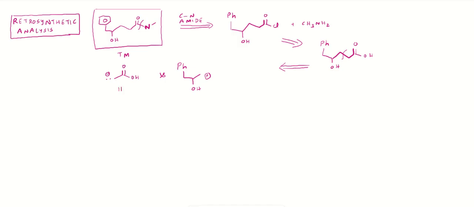The synthetic equivalent for this CH2 minus C=OH is diethyl malonate, CH2(C=OOC2H5)(C=OOC2H5). This is the diethyl malonate.